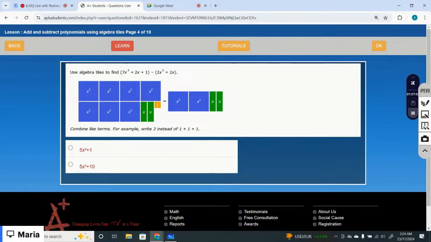The correct option is 5x square plus 1. Option number 1 is the correct option.